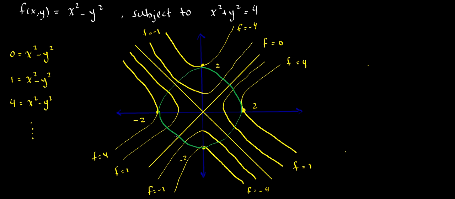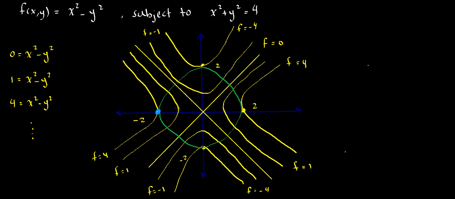Now if I ask you to find the maximum and the lowest value of the function subject to this constraint, the way you can think about it is you have the level curves, so you see what's going to be the highest value that lies on this circle over here, and you can see that the highest value you can get is 4. So you get the value 4 when you're at this point over here.